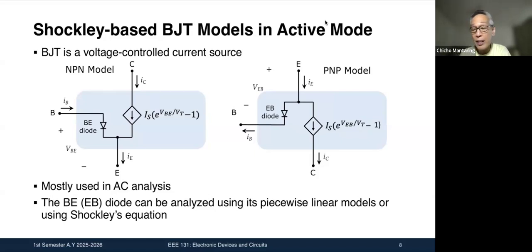If we're going to use this in AC analysis, then you might have to analyze your base-emitter diode also using the Shockley equation, or the exponential model of that diode.